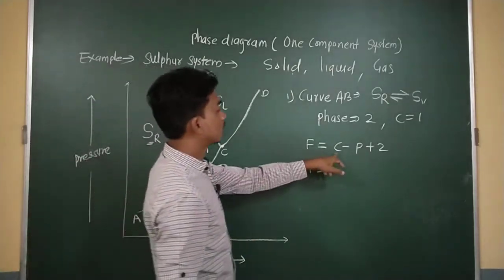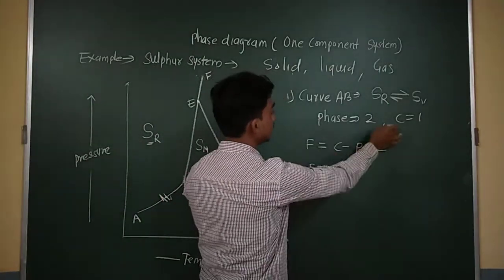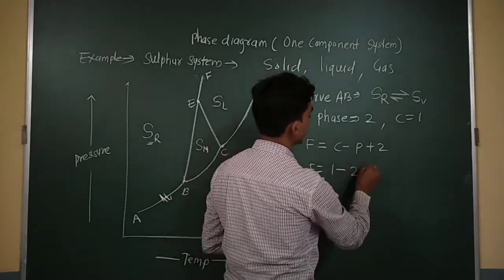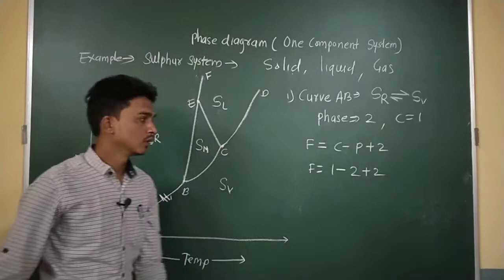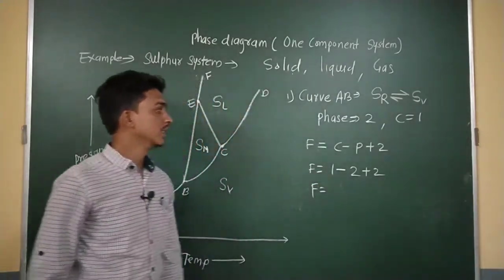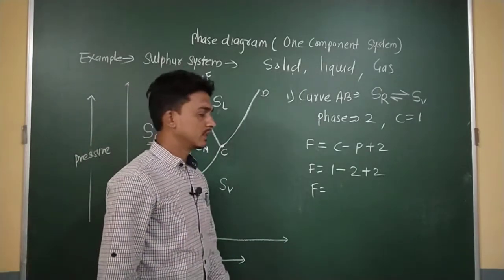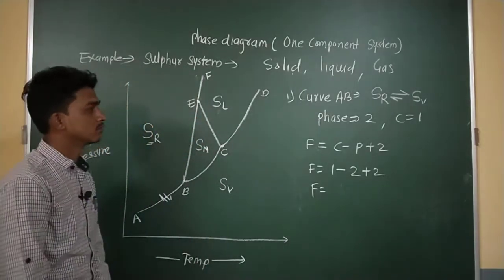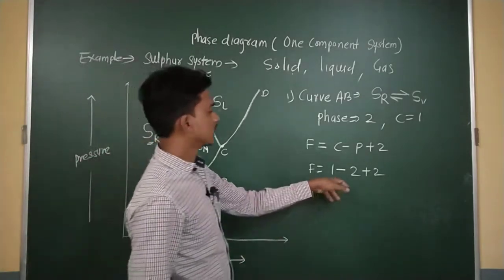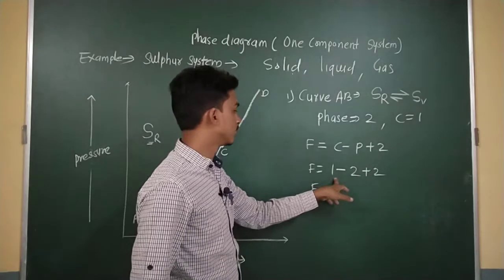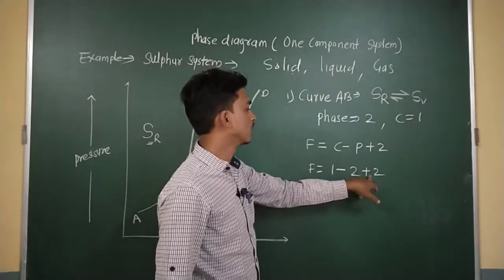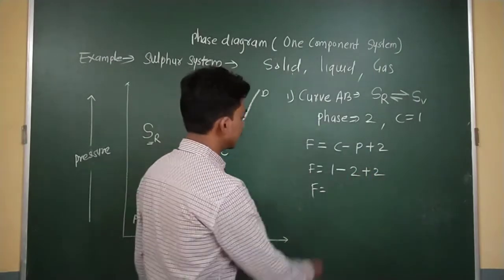So when I calculate using these numbers, 1 minus P plus 2, what is the degree of freedom? How many variables are there? 1 minus 2 and plus 2.